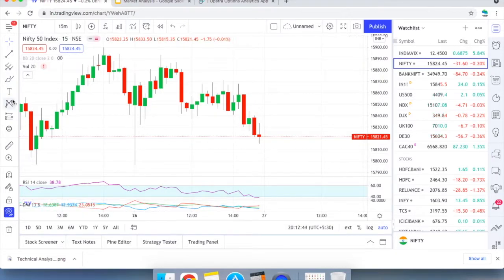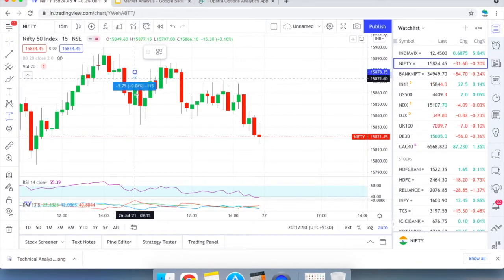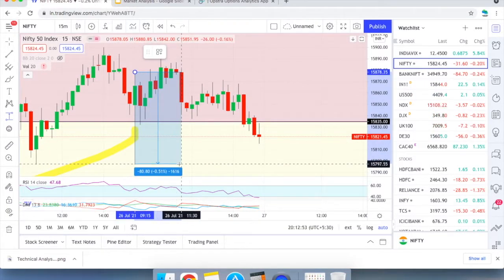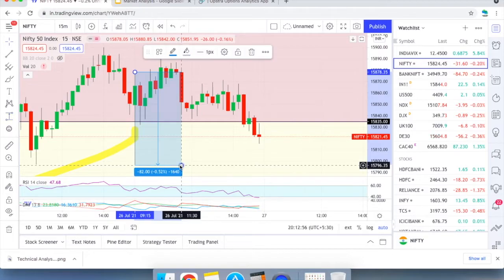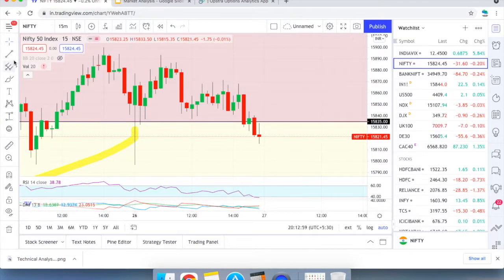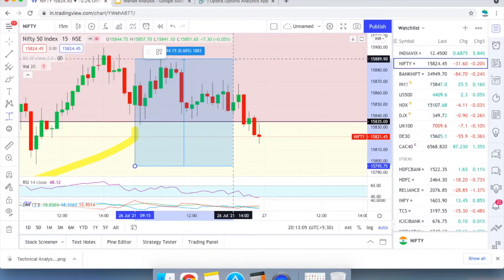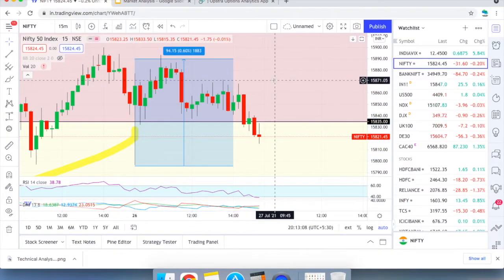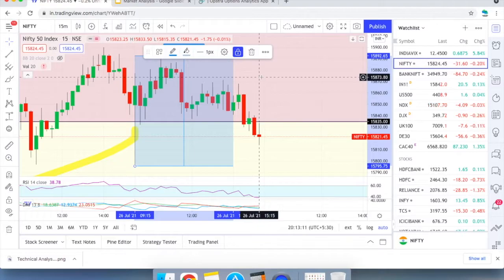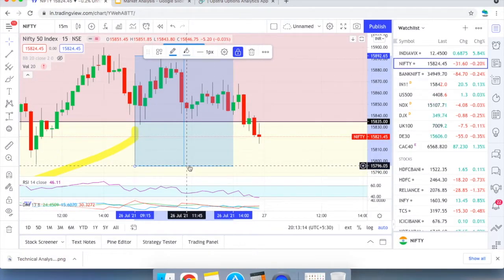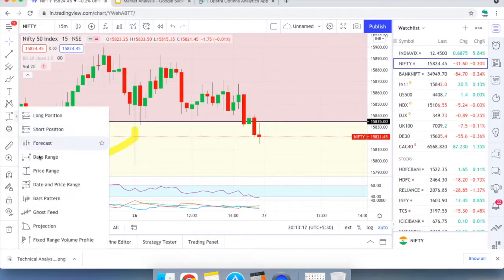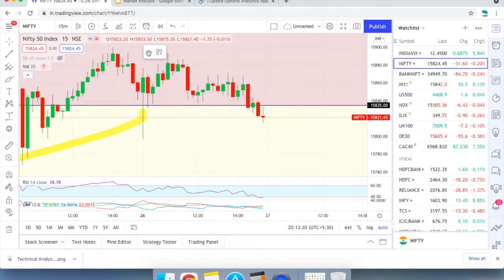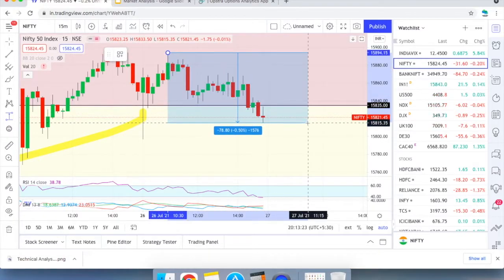It slightly shot up initially and then went down almost 82 points, and then it shot back nearly 100 points, and then it retraced to give up everything. Almost all the price gains were given up from the top, some 80 points.